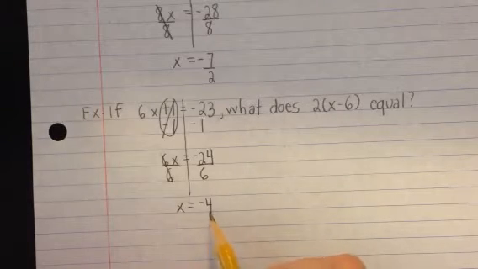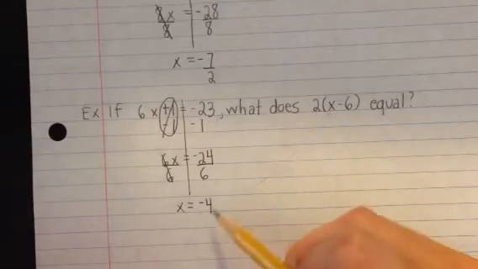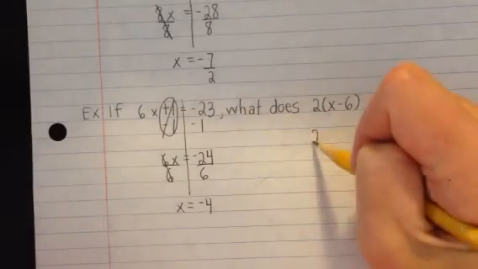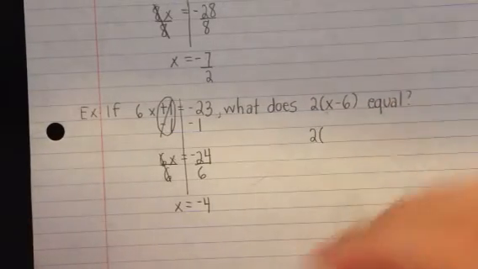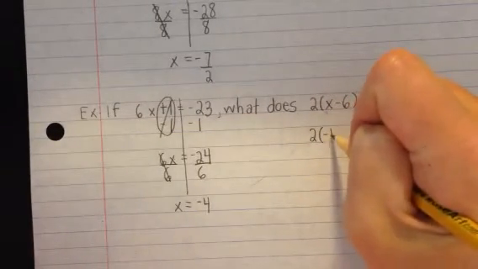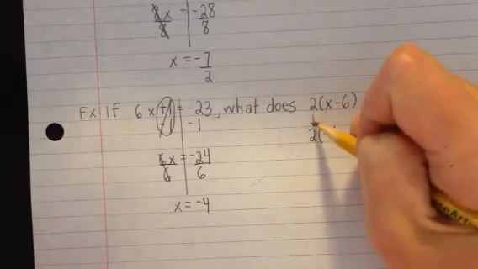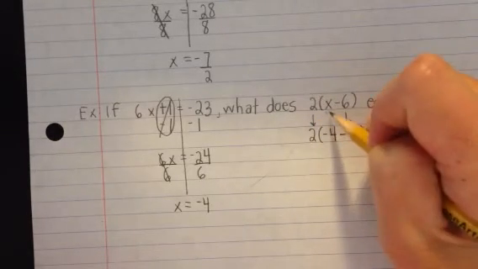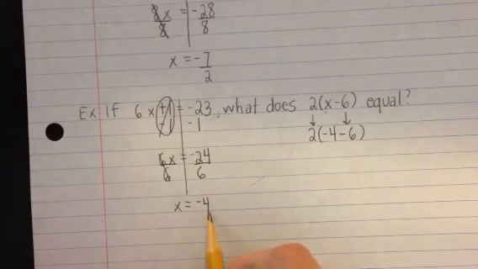Once I get what x equals, then I take that and I'm simply going to plug it in where I see x there. So I'm just going to drag this down. I've got 2. And over here for x, I'm going to plug in negative 4. And then just drag down that negative 6. So notice I dragged everything down except where I saw x, I replaced it with negative 4.